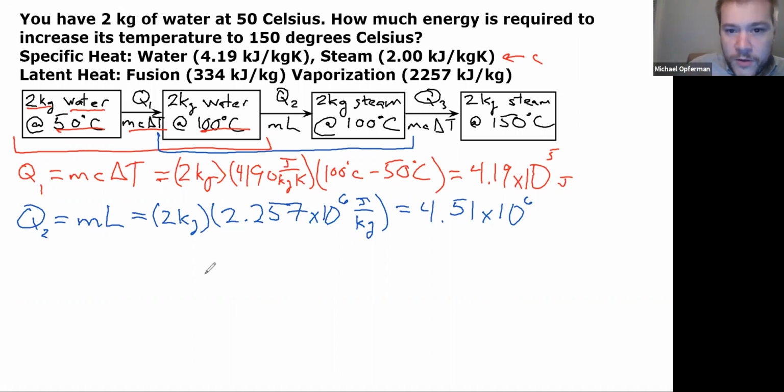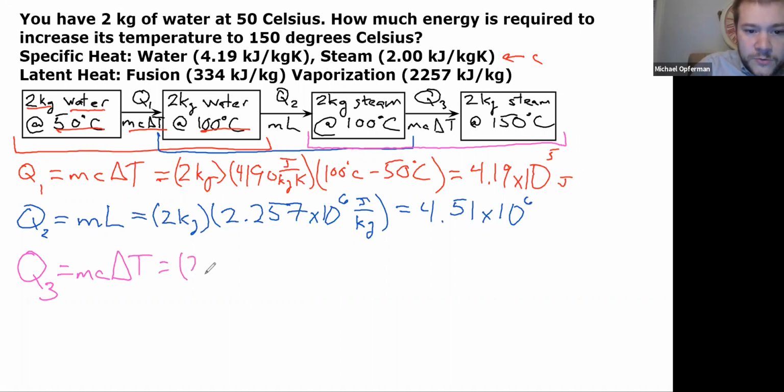Okay. All right, let's get a different pen color, about pink. So now we're going to work on Q3. So I just keep my eye on these two. Q3, this is an MC delta T. M is still 2. So for C, which C do I use? You can see here I have steam and steam. So I use the C for steam.